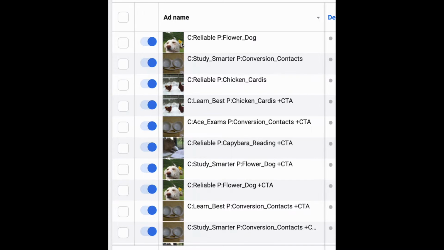For example, you see the letters C and P here. C stands for copy and P stands for picture. In this case, I'm using the copy with the benefit reliable in it and the picture of the flower dog. In the next case, I have the copy of Study Smarter and the picture of conversion context. Headline isn't here because I wasn't testing it in this particular case, but it's somewhere further down.